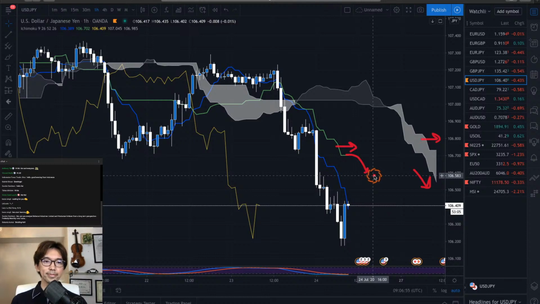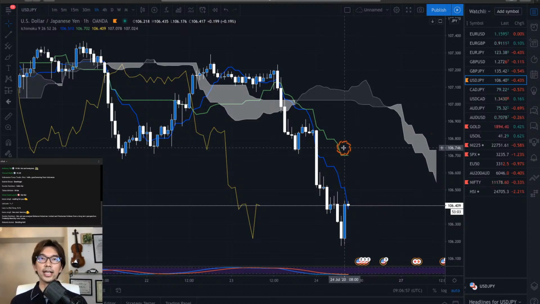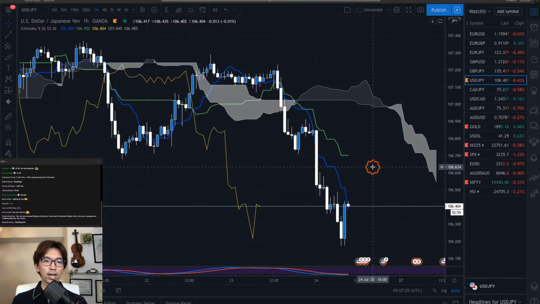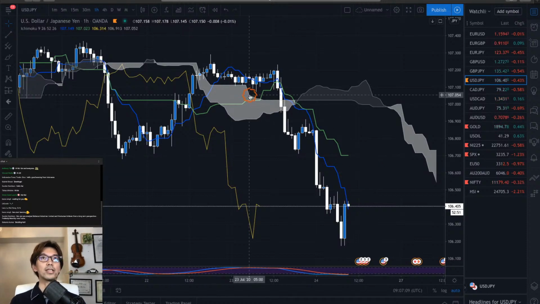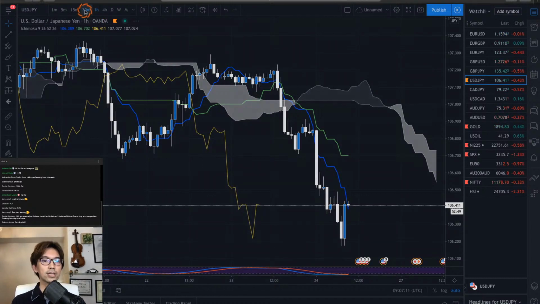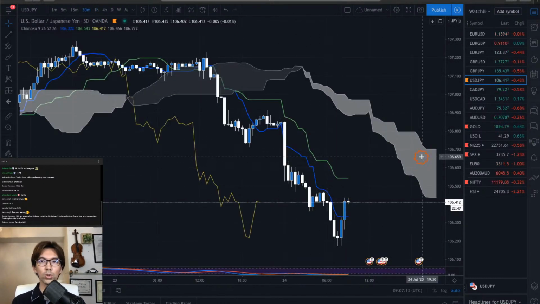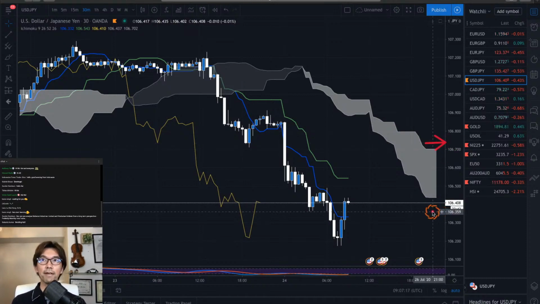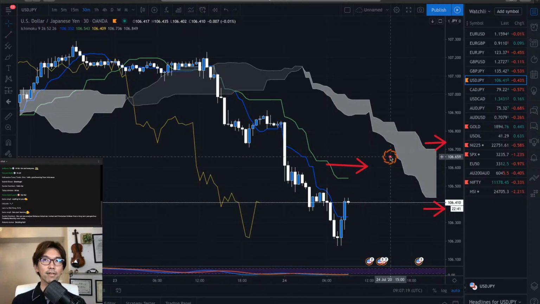So that's why I don't think I will talk about the trading edges by stochastics on this currency pair. When the Kijun-sen starts to move down, then I will talk about that, but not right now. And if you look at the 30-minute chart, all these lines are flat: Senkou Span B flat, A flat, and Kijun-sen flat right here.